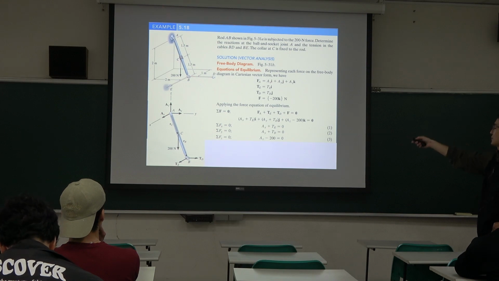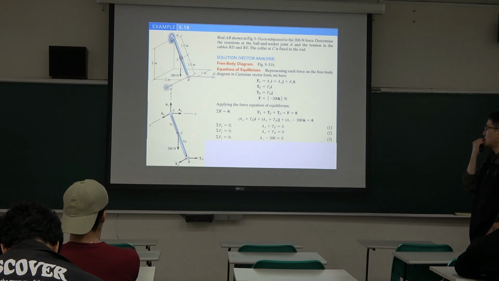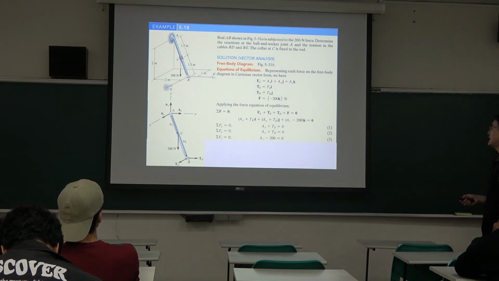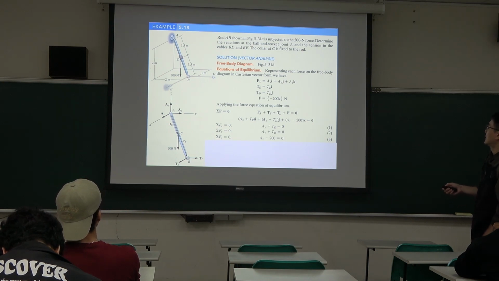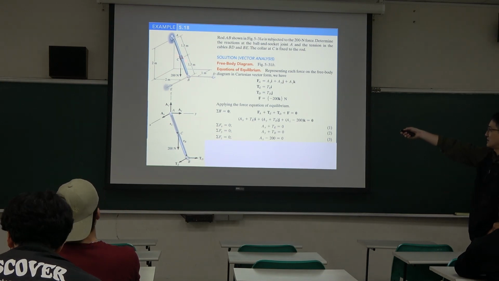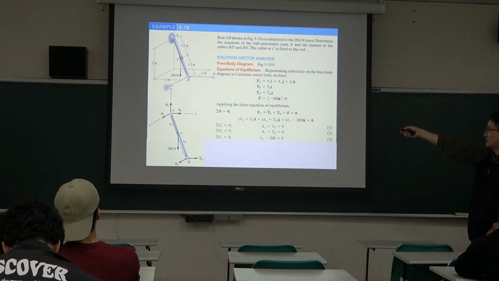BD is here, and BE here. Because they are cables, there is only tensile force. And the corner RC is fixed to the rod, so it mentions the corner here is fixed.